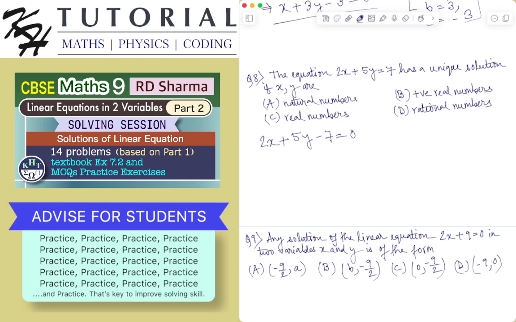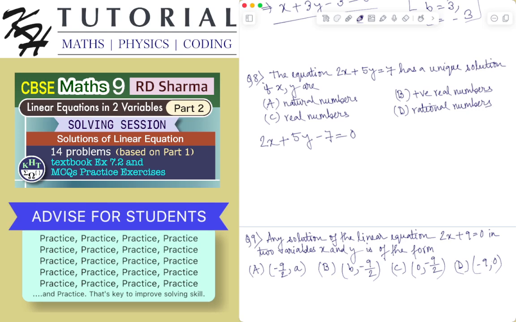That is, what should the values of x and y of all the roots be so that this equation will have only one root or one solution? Let's see. Choice A is saying natural numbers. Now, if the values of x and y of all the roots have to be natural numbers, then will this equation give a single root?